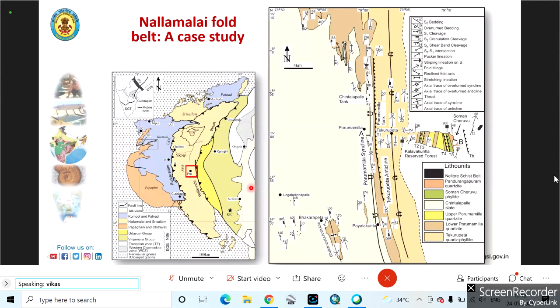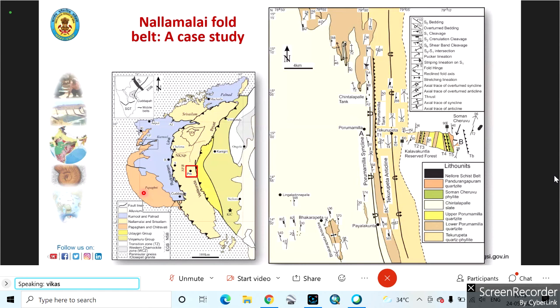The blue part on the left and the deeper orange colored ones are the older sediments. The deeper orange ones are the older ones. The blue ones are called the Kurnool subbasin. They are the youngest ones. And the Nallamalai fold belt, which is on the extreme right side, that is the light orangish one. They are in between the blue and the dark orange ones. Okay, stratigraphically I'm talking. The Nallamalais have roughly a 1500 Ma age.